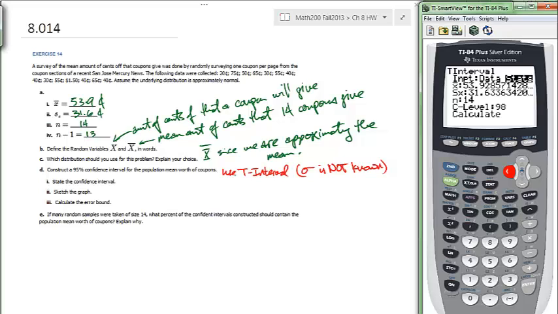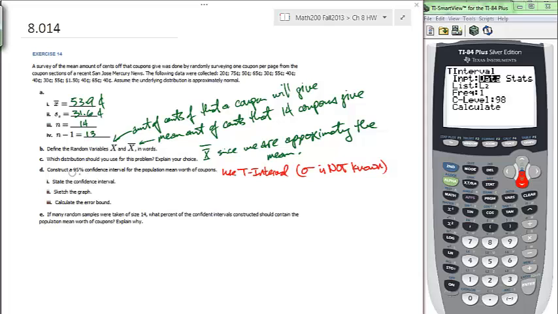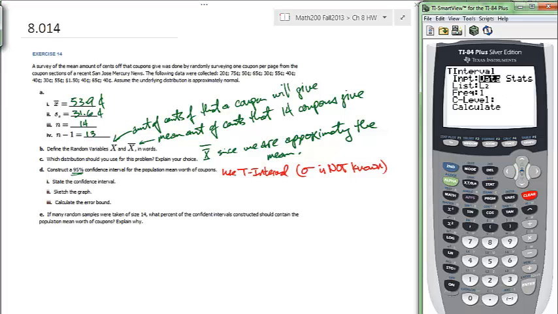Stats is selected, data is blinking. I will press enter to select data. The list that I want to access is L2. The frequency is going to be 1. And my confidence level in this problem, they want the confidence level to be 95. So I'm going to select 95 confidence level and calculate.